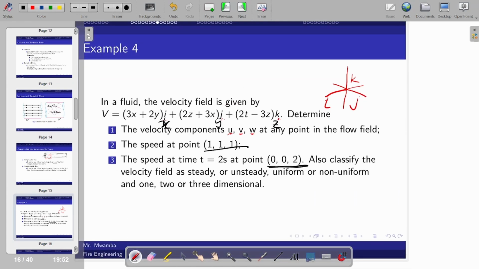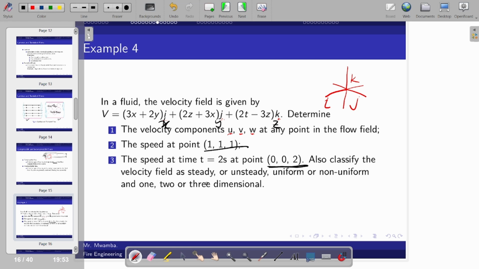Okay, so we found the speed at this point, and then the question is also going further to say classify the velocity field as steady or unsteady. So is it steady or unsteady? How do we know? Is the flow variable dependent on time?